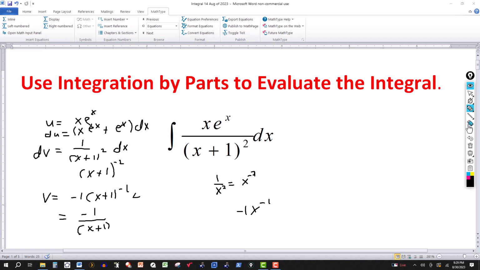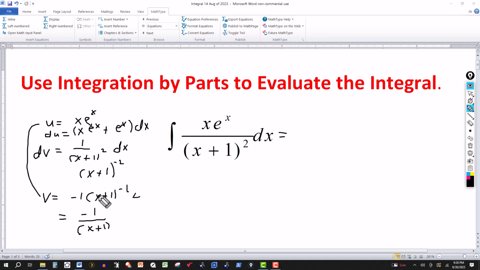Okay, so now I can get this out of the way here. So now we're set here. Once we have our selections here, we find u and then find du, set something equal to dv, and then integrate, we get v. Then the formula for integration by parts tells you that the first part of the answer is the u times the v.